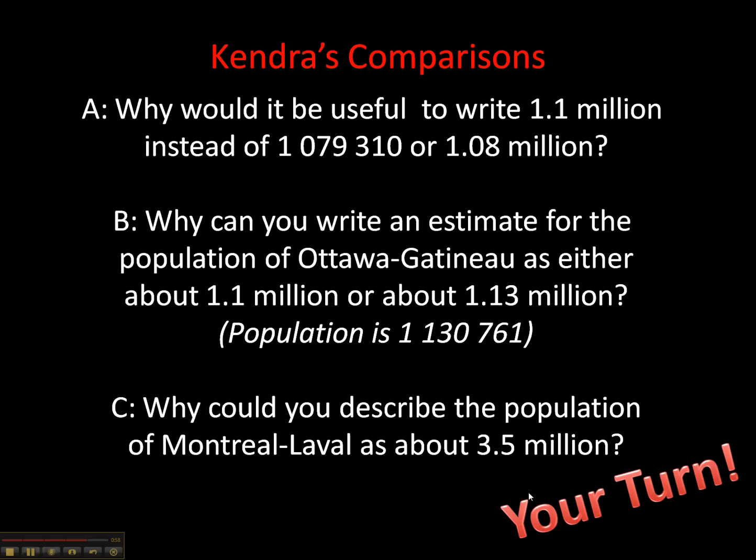Now keep in mind that the population of Ottawa-Gatineau is 1,130,761, and then you can tell me that answer. And C, why would you describe the population of Montreal-Laval as about 3.5 million? Pause the presentation and give me the answers to those questions.